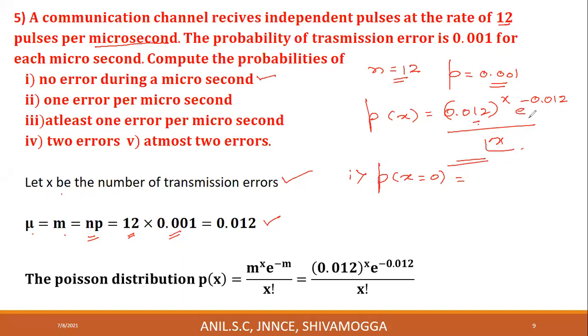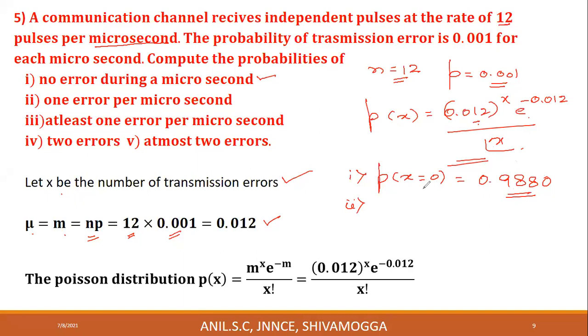You just calculate e power minus 0.012. 0.988, that must be correct. 0.9880.